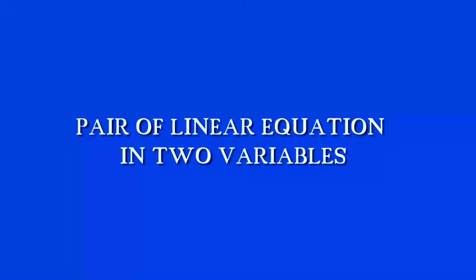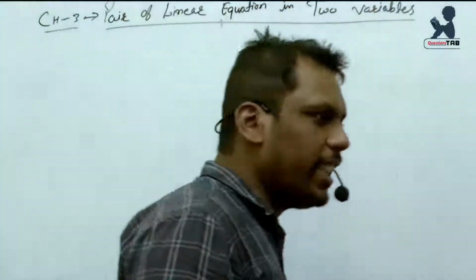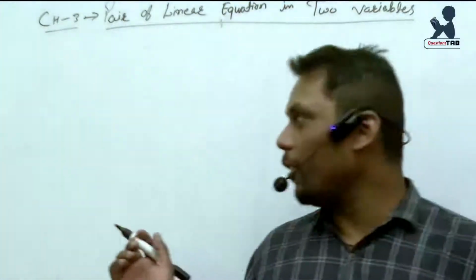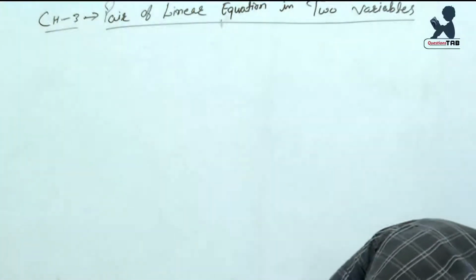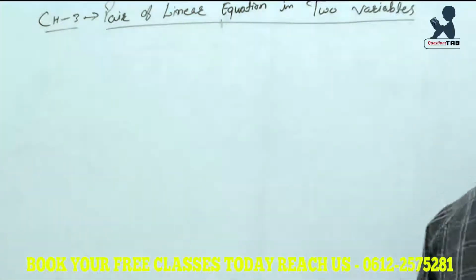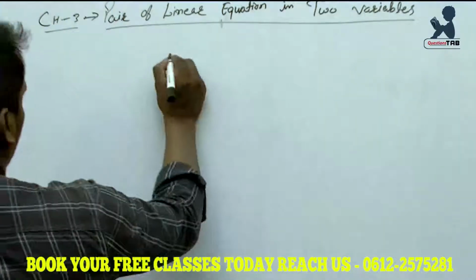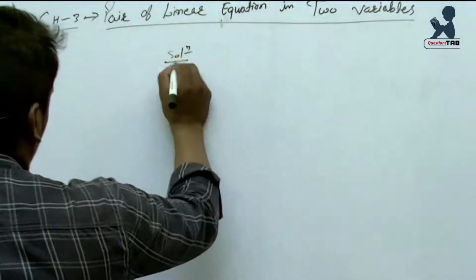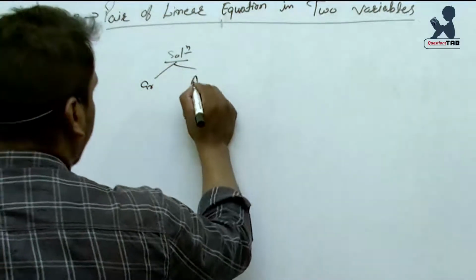We had studied in the last class pair of linear equations in two variables, in which we had seen the definition of linear equations in two variables, how they are represented, and the solution methods. There are two methods of solution: the geometric method and the algebraic method.